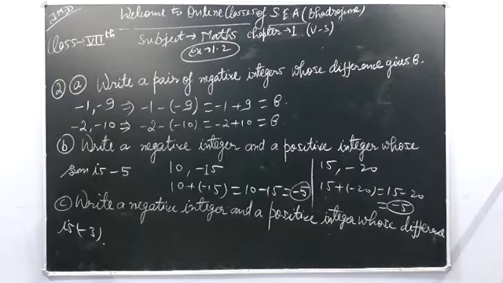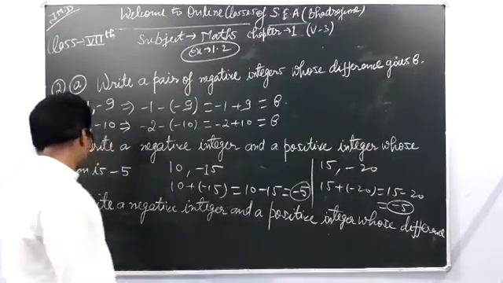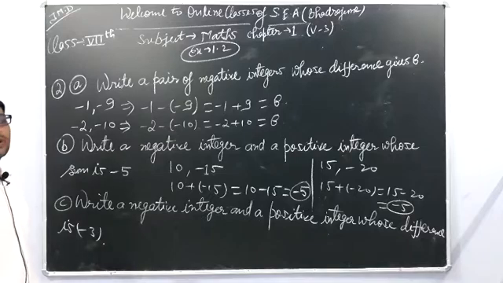Our part C is: write a negative integer and a positive integer whose difference is minus 3. Actually we have to calculate the difference, which is minus 3.